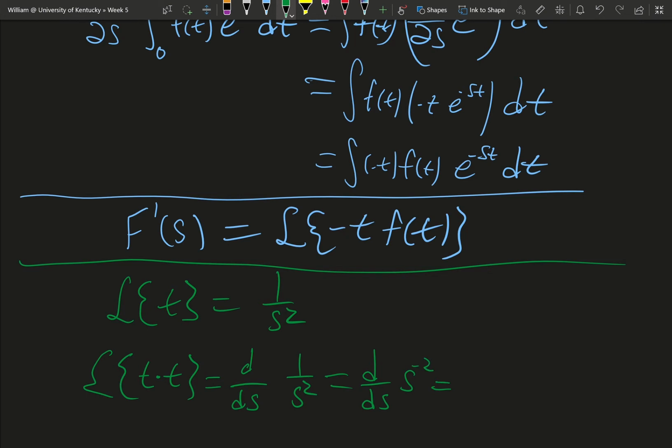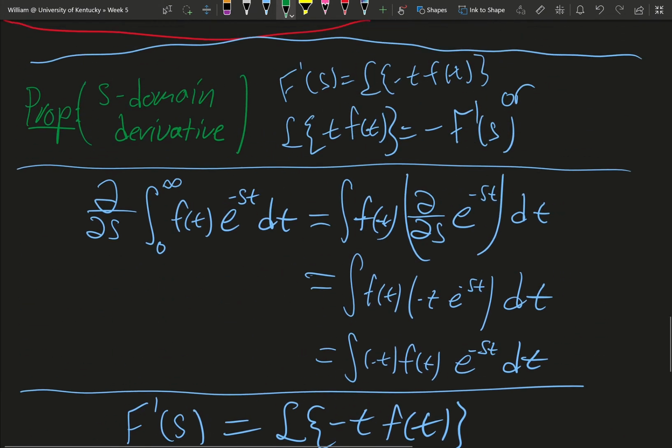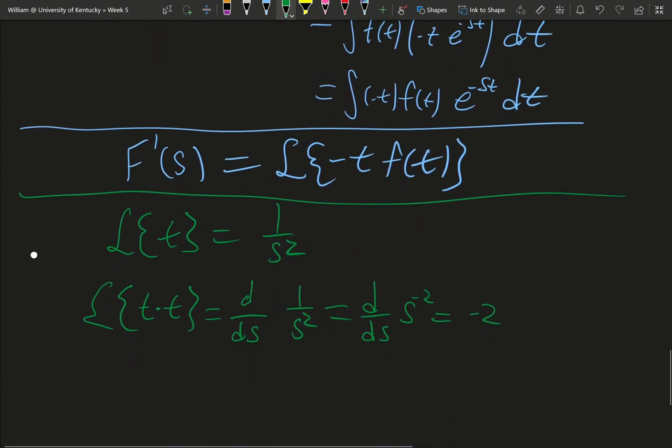So remember the derivative rule, bring down the exponent, negative 2. So minus negative 2 s to the negative 3. Negatives cancel and become a plus, and we have 2 over s cubed.